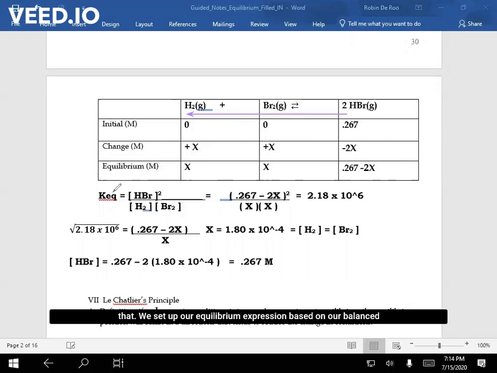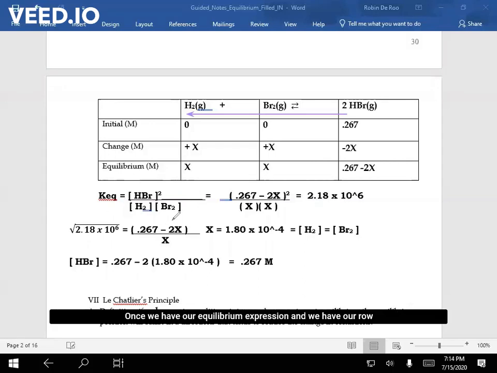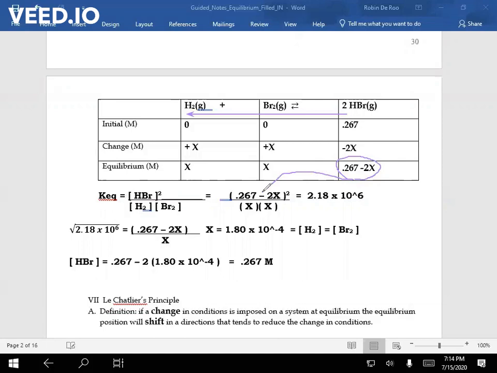We set up our equilibrium expression based on our balanced equation. This is always a good idea to do. And also, let's say that you do something wrong later, this will give you more partial credit if you've done this. Once we have our equilibrium expression and we have our row that shows our equilibrium, we just have to use it and put it in where it goes.